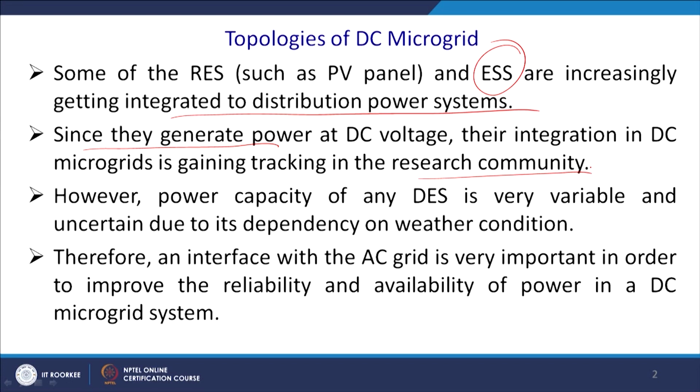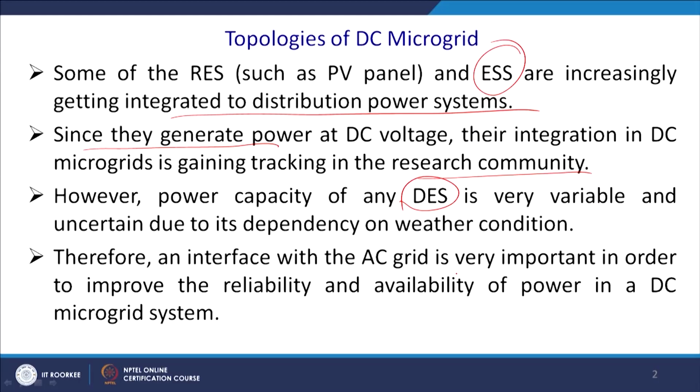However, the problem is that the power capacity of these distributed generations is variable. One of the problems of solar is huge uncertainty; it is very variable and uncertain depending on the weather conditions. Therefore, the interface with the AC grids is very important in order to improve the reliability and the availability of the power to the DC microgrid system if it is not placed in an isolated location.